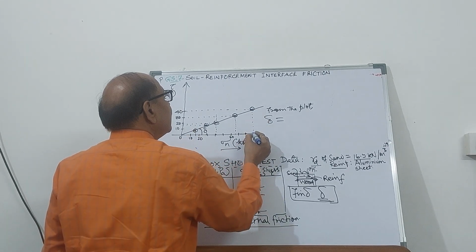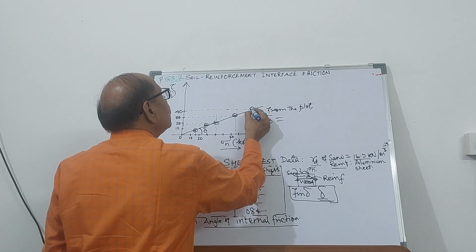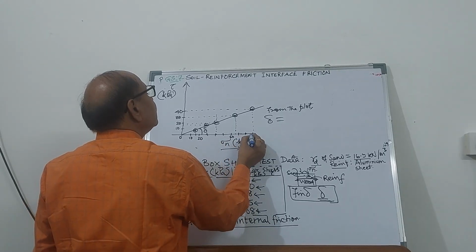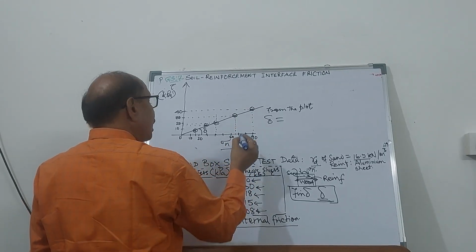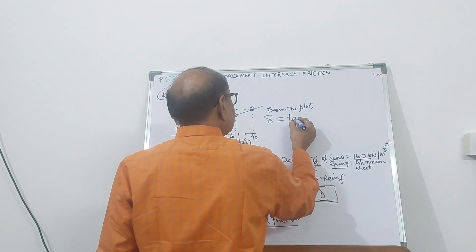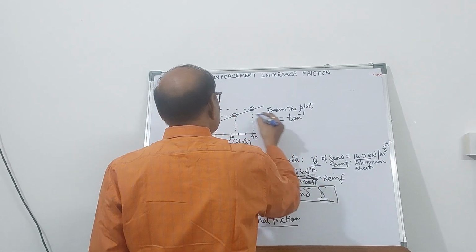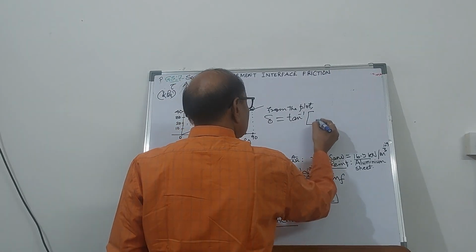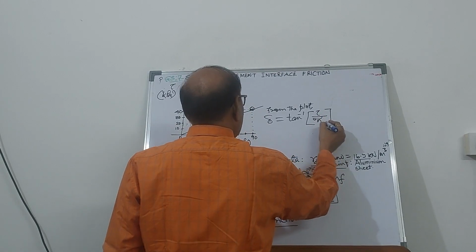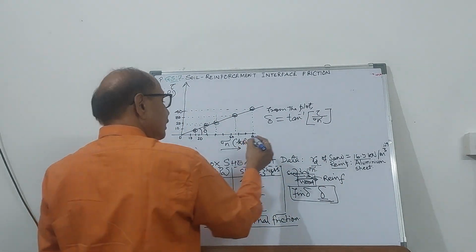So delta will be this divided by this intercept. So it is at 90. You can find out what this intercept and this intercept are. So tan delta equals tau divided by sigma n, and delta will be tan inverse of that.